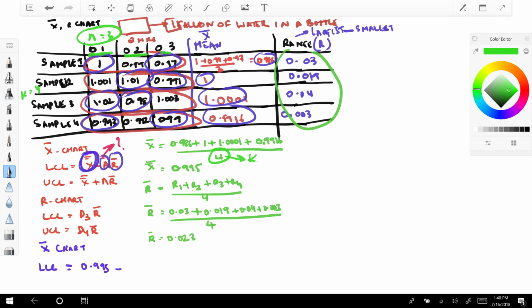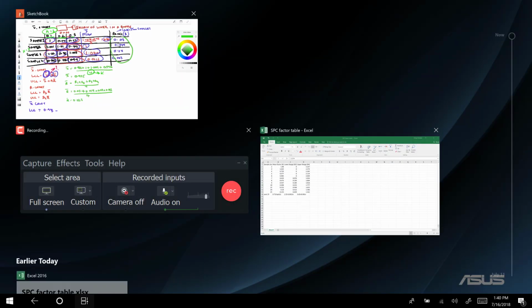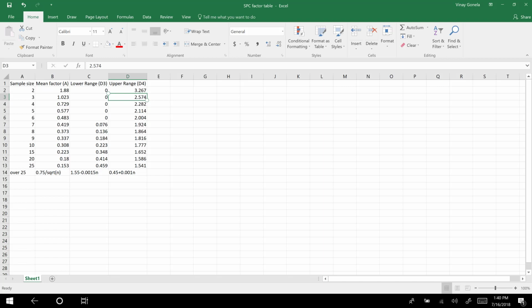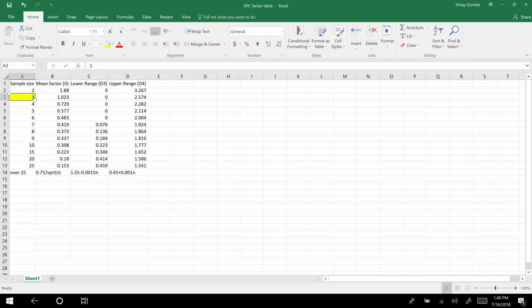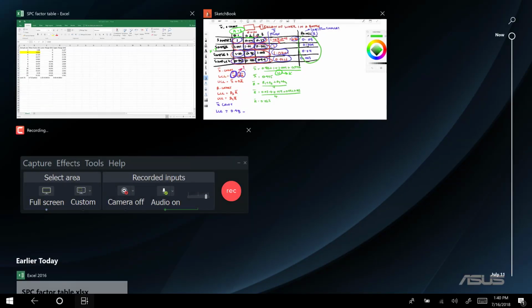So now we will use n equal to 3. I will go to the factor table and look at sample size 3. The A value at sample size 3 is 1.023, so I will use 1.023.